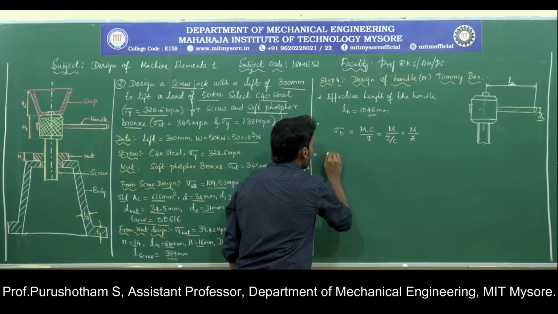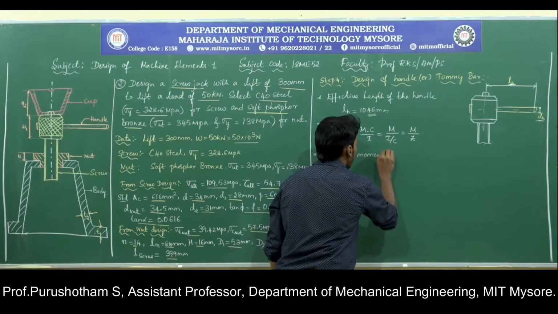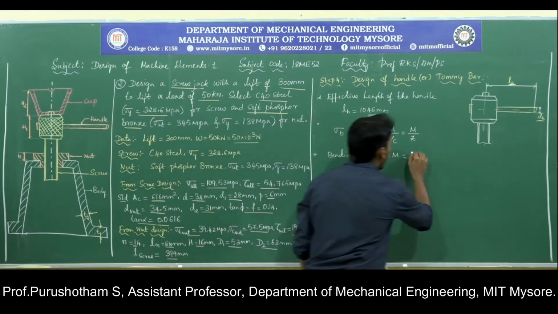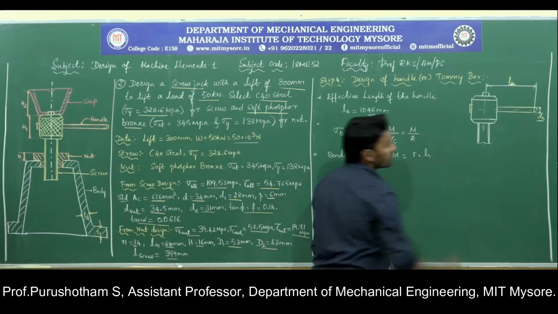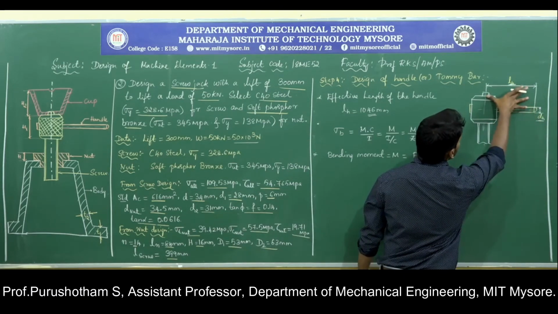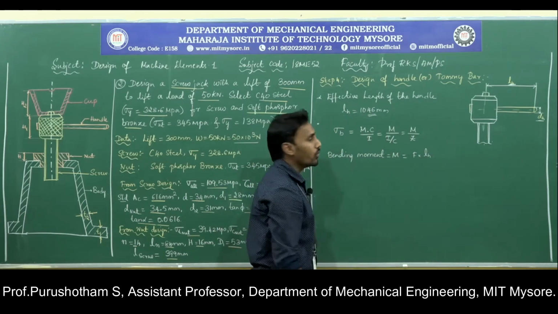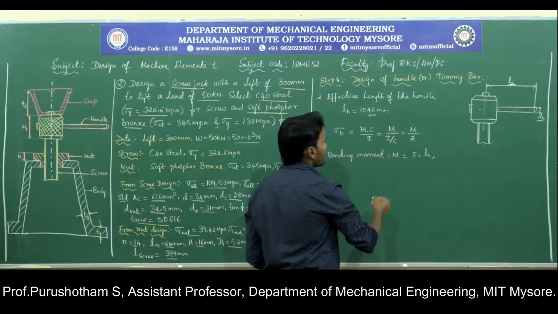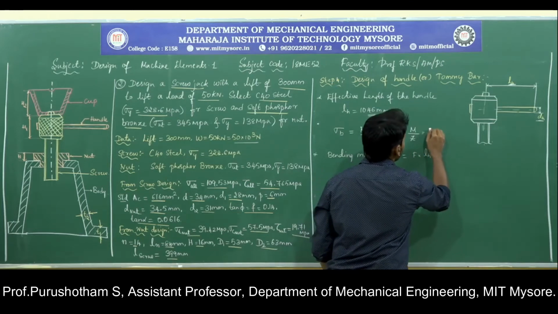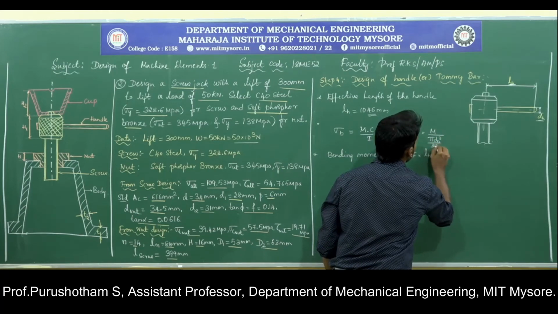Here the bending moment M is given by force into distance, that is, the force exerted on the handle into the effective length. Then Z, the section modulus, is given by pi dh cube by 32.